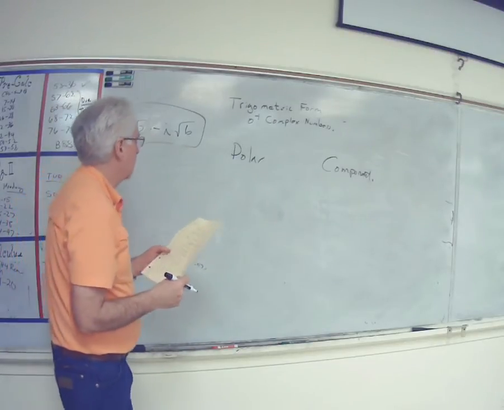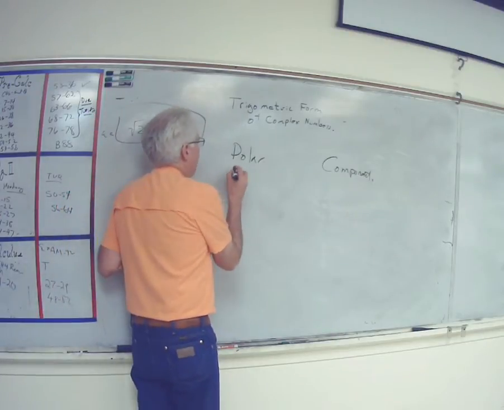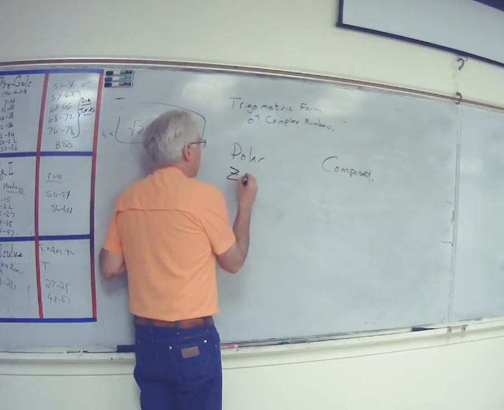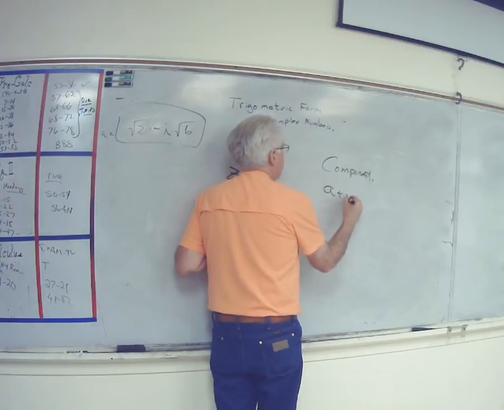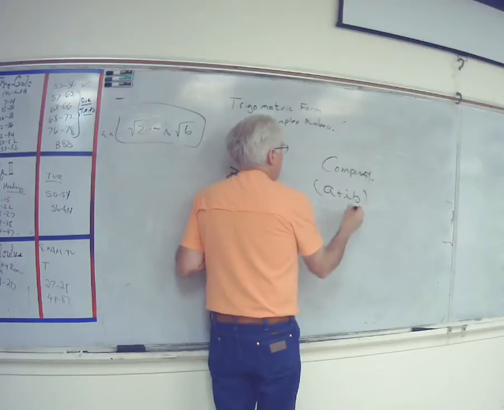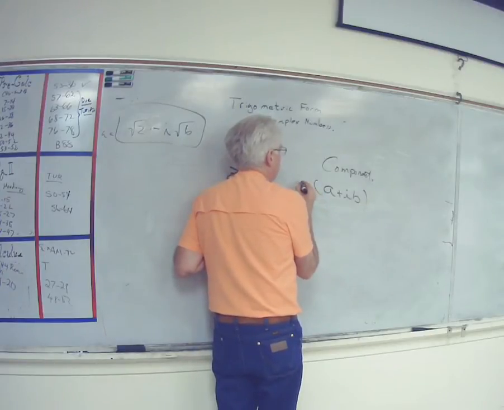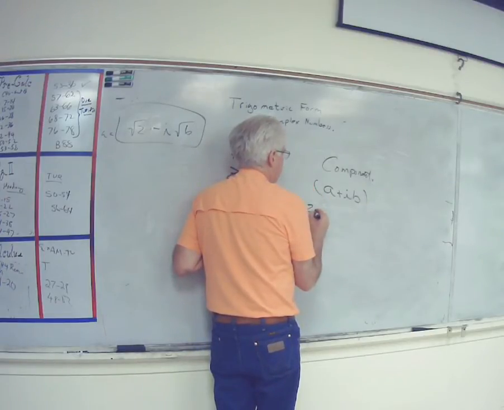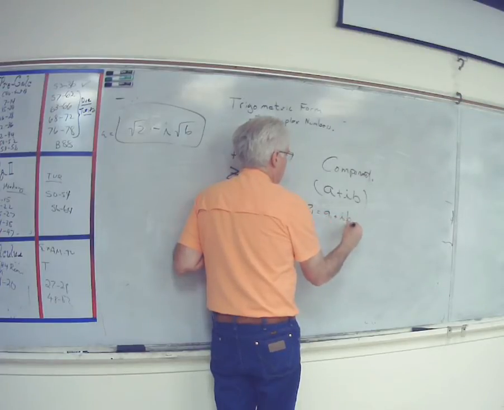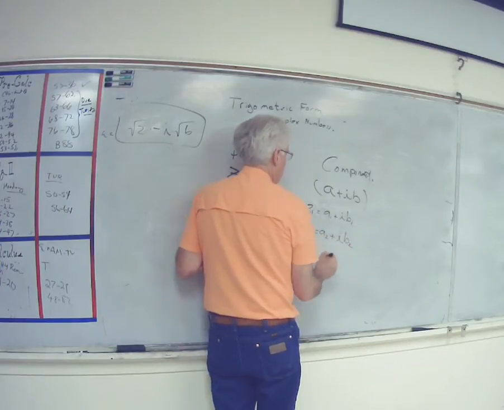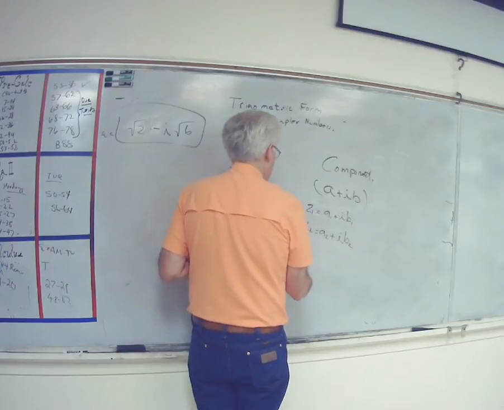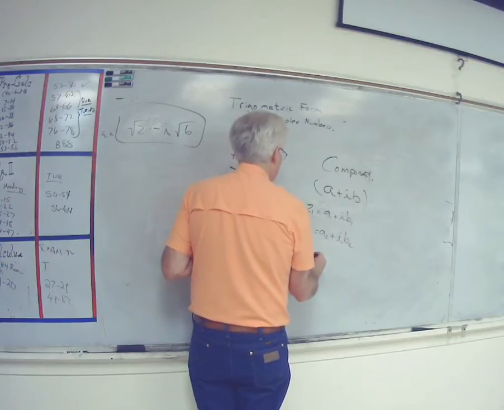Okay. So, polar, I have z at an angle of theta. And component, I have a plus ib. Let's say I have z1 equal to a1 plus ib1, and z2 equal to a2 plus ib2. Is it easy or hard to do z1 plus z2?